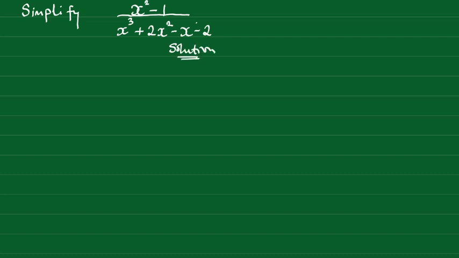Then we know the following: our numerator is a difference of two squares expression. That is, it involves a situation where x squared minus y squared is equal to (x minus y)(x plus y).